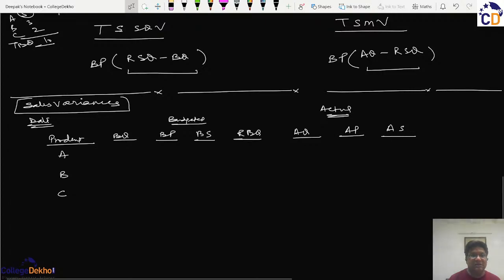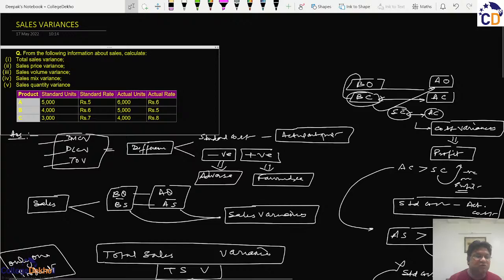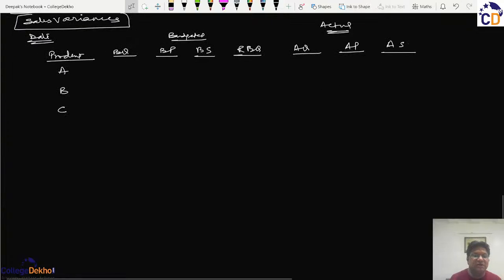So if you see the above scenario, the products are in the ratio of 5,000, 4,000, 3,000 at the rates 5, 6, 7. So the budgeted data is 5,000 units, 4,000 units and 3,000 units at the budgeted prices of rupees 5, rupees 6, rupees 7.